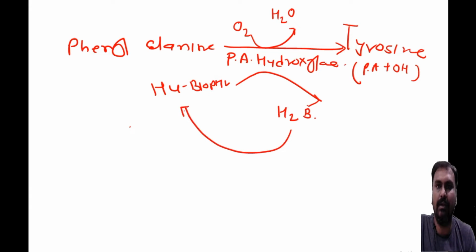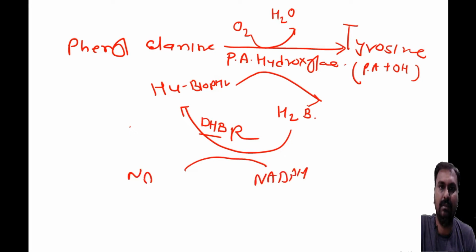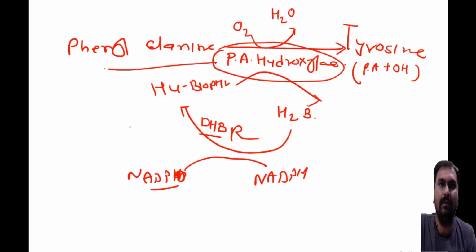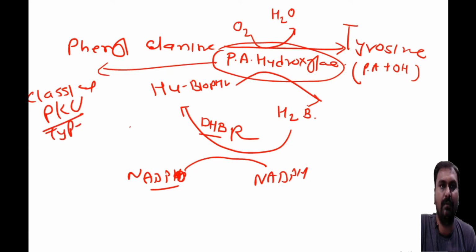This dihydrobiopterin is converted back to tetrahydrobiopterin by the enzyme dihydrobiopterin reductase, and it requires NADPH, which is converted to NADP. If the phenylalanine hydroxylase enzyme is deficient, it leads to classical phenylketonuria, or type 1.